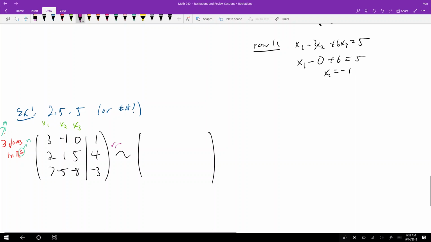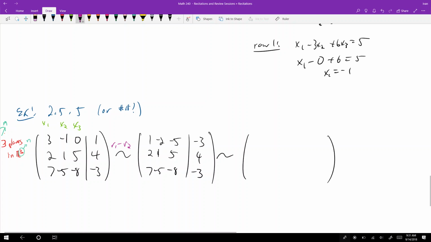Although I guess 2 row 2 also works, because you just get -1. But yeah, we'd rather deal with positive numbers. So we can write the other rows. And then row 1 minus row 2, that's a 1. -1 minus 1, -2. 0 minus 5 is a -5. 1 minus 4 is a -3.